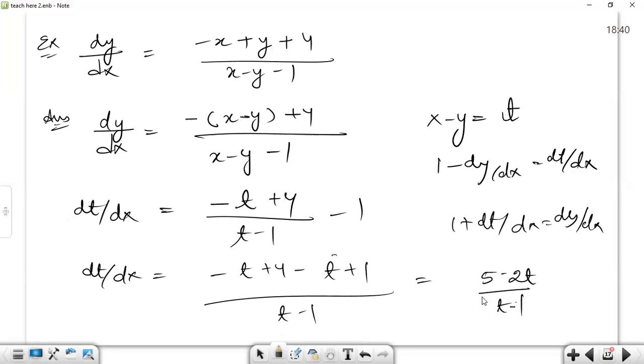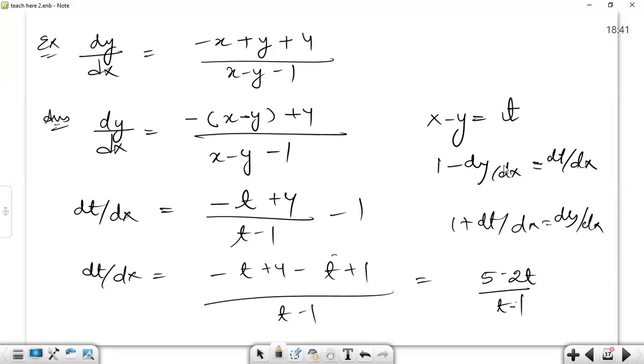Right? Have we made any mistake? Yes, we have. 1 minus dy over dx is equal to dt over dx.